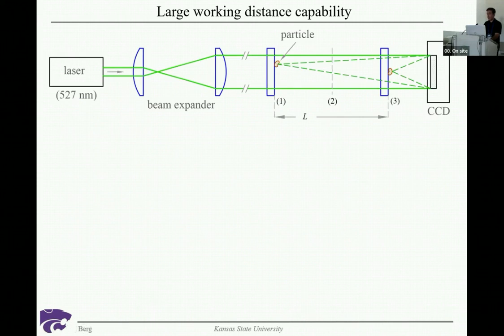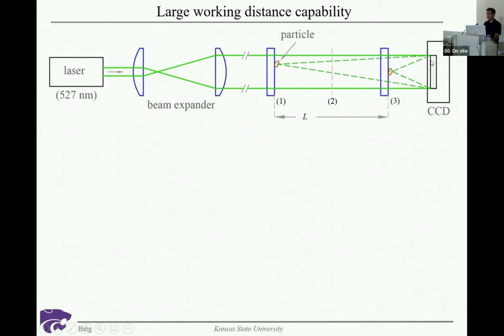Another great advantage of holography is what I call long working distance capability, and basically it goes like this. You have a single laser pulse, an expanded laser beam, and it's going to illuminate particles on two windows. The first window at location 1 with a particle there, and then the second window at location 3 over here with a particle there. And these particles are of different type or nature.